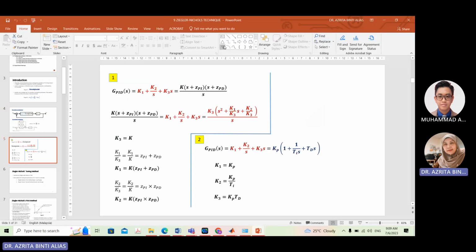From here, the relationship that we obtain is K1 is equal to KP, K2 is KP over TI, and K3 is KP multiplied with TD. Later I will confirm again whether the formula is given or not, but I think it is not given.